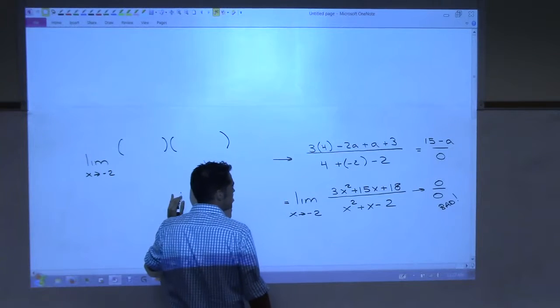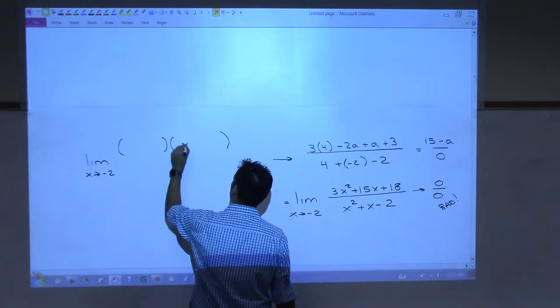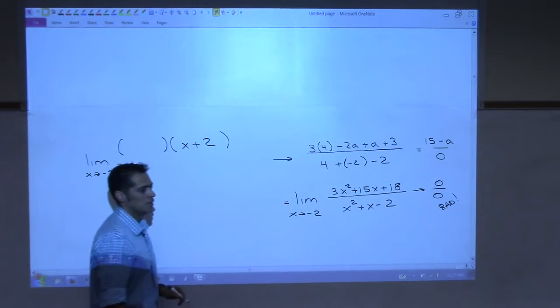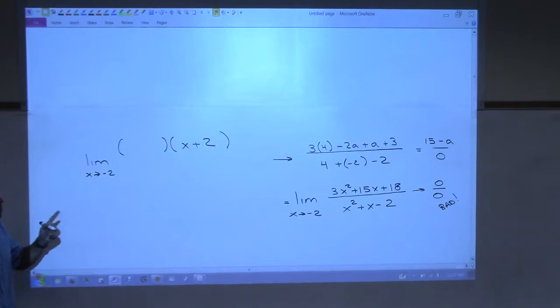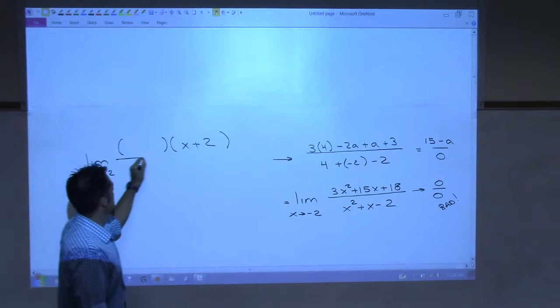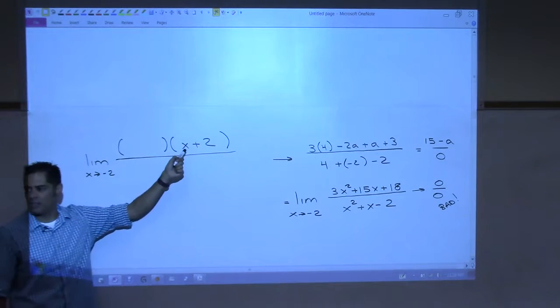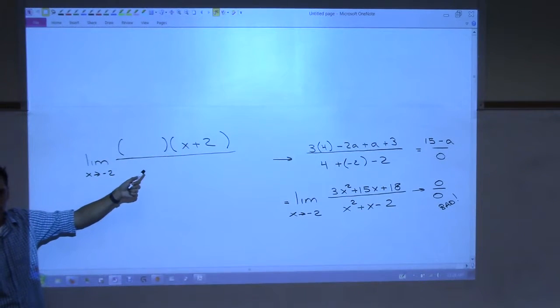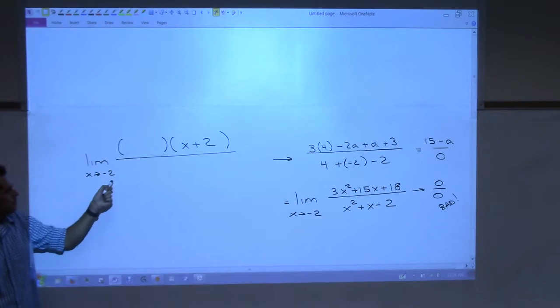I'm going to guess that x plus 2 is definitely a factor. Why do you think I guessed that? Oh, they have to cancel. Because I know when I plug in negative 2, I should get 0. That's how I knew that.